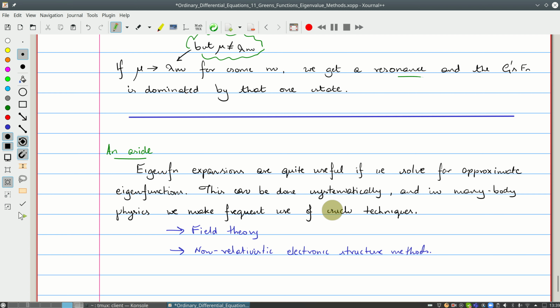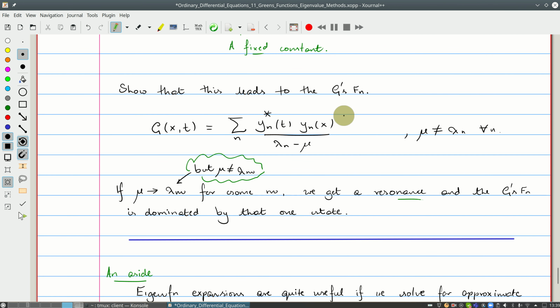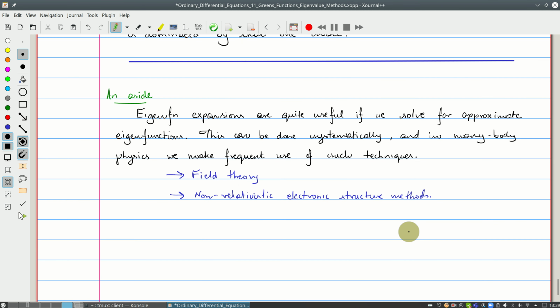And this is what we do in many-body physics, where we use these approximate techniques. When we have these approximate eigenfunctions and eigenvalues, we can then use these Green's function expansions to find our Green's functions for differential equations. You'll find applications of this in field theory, in non-relativistic electronic structure methods. As I mentioned, polarizabilities are one of the things I personally look at for many-electron systems.